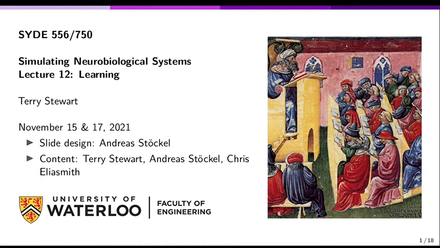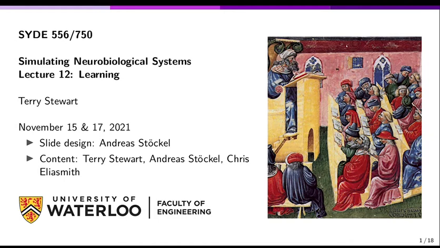But so far, everything we've shown, while the network is running, we never change the connection weights. So that's what we're going to challenge right now. Once we start our model running, we're going to change the connection weights. Why would we want to do that?